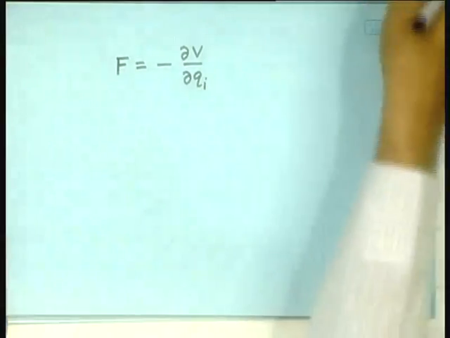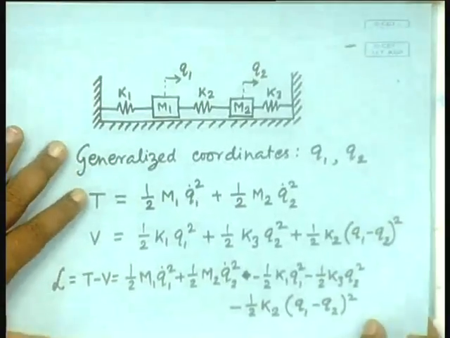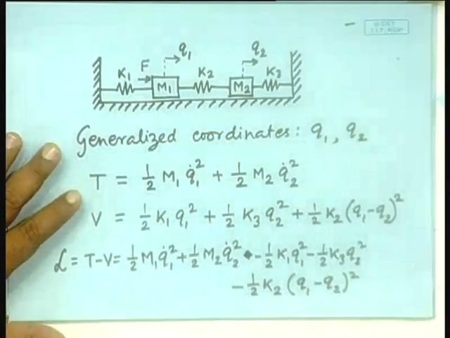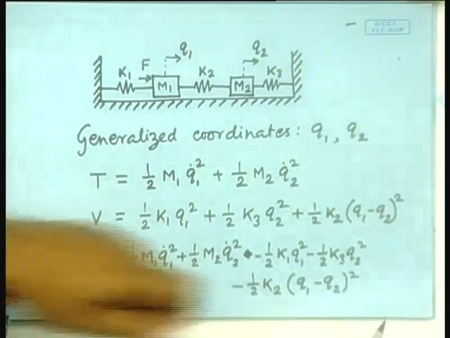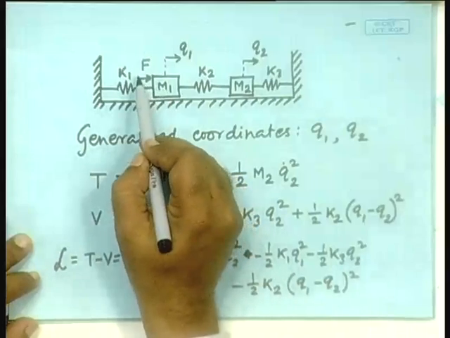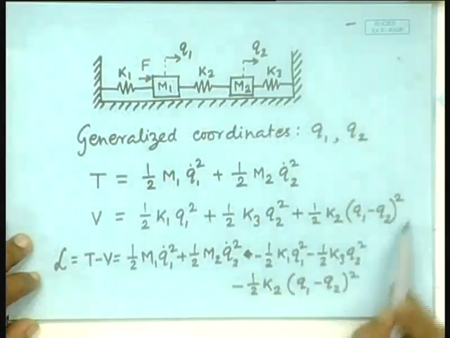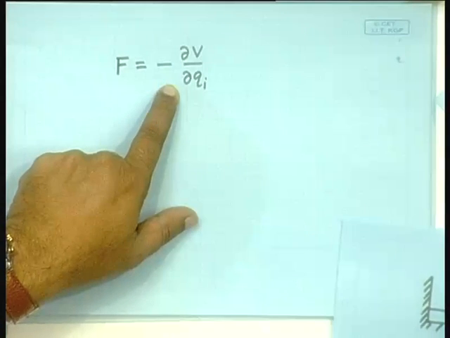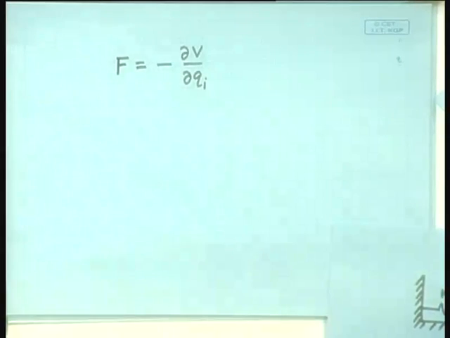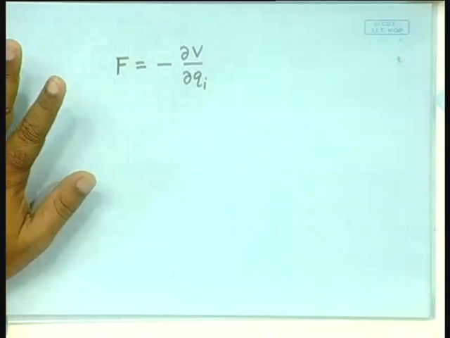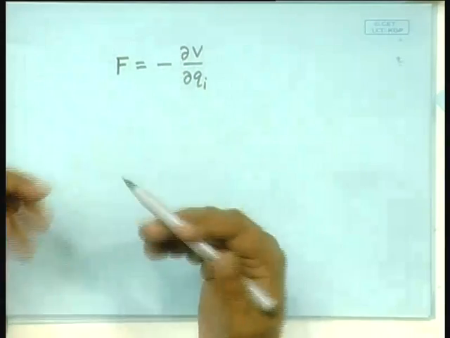Now, suppose I am applying some kind of force here, F. That force could be a sinusoidal forcing function or something like that, but somebody is applying a force here. Can that force be somehow included in the potential so that this is valid? Yes, that is true. Even if there is an externally impressed force, the system is still conservative in the sense that it can be expressed in this form. But how?